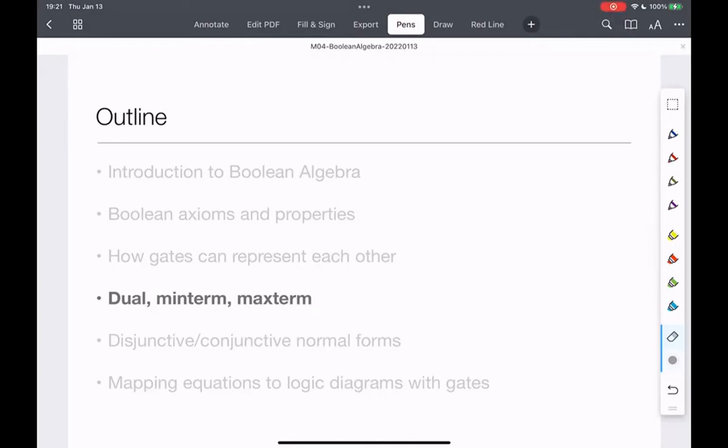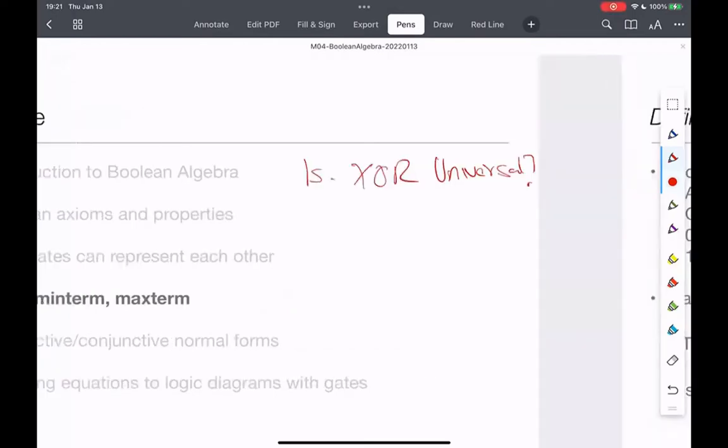Okay, think about it, Google, find out. So let's move on. Is XOR universal? Okay, think about it. It's a pretty interesting thing. So now let's talk about dual, minterms, maxterms, which are important concepts.